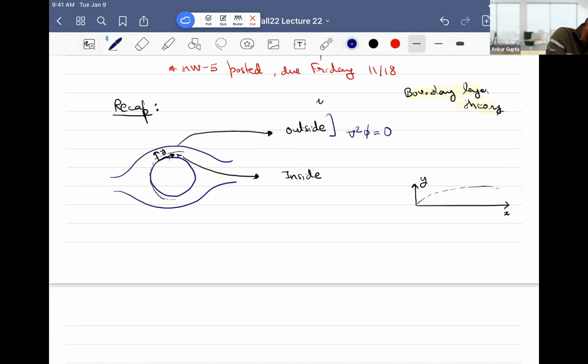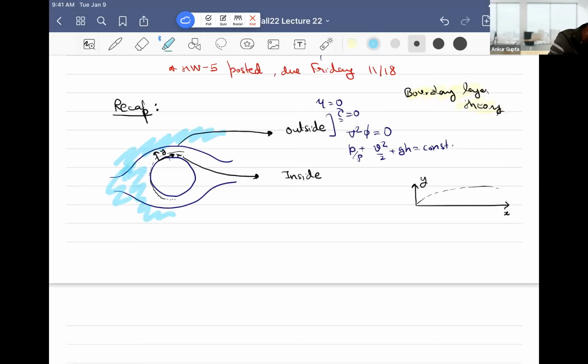Here mu is exactly equal to 0, and tau is equal to 0, and we use potential flow to solve this problem. This was the idea outside the boundary layer, all of this region.